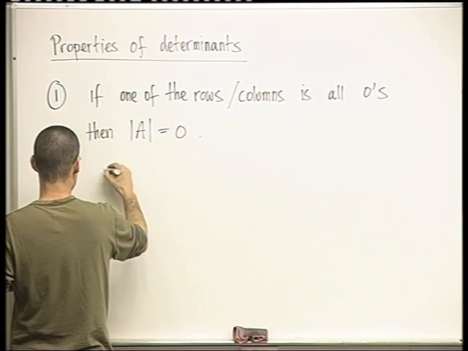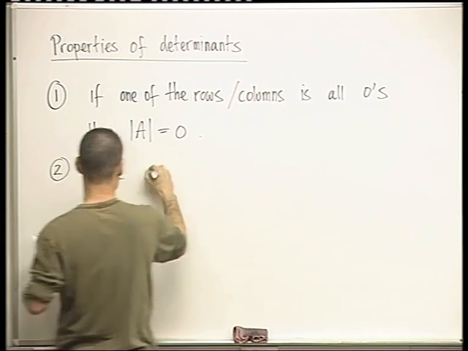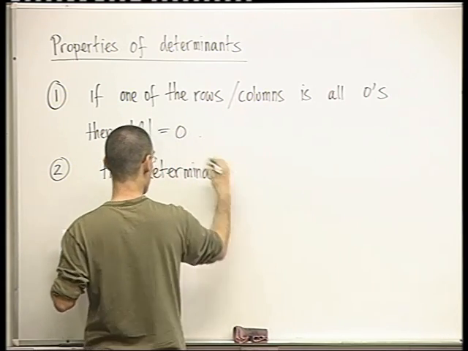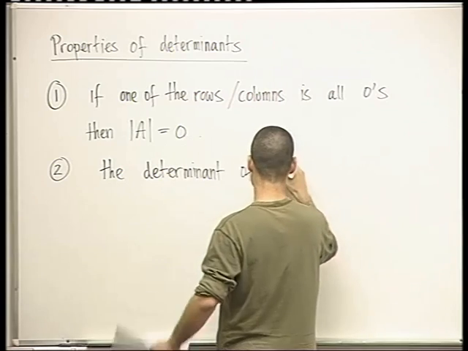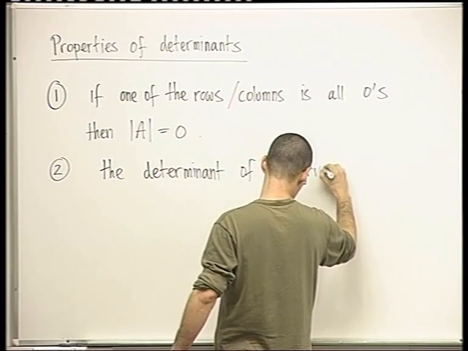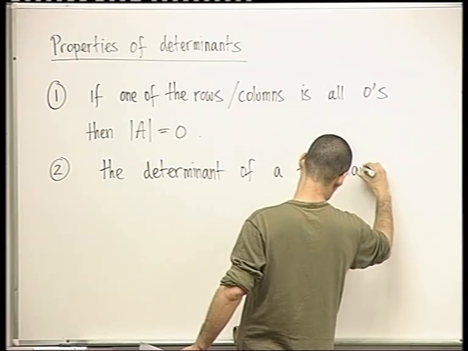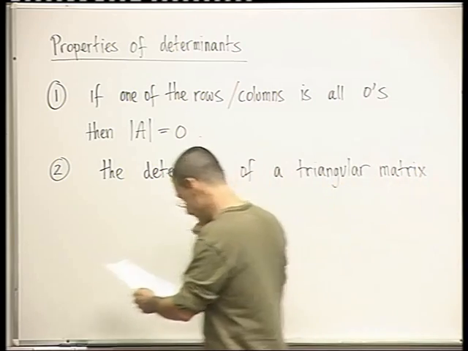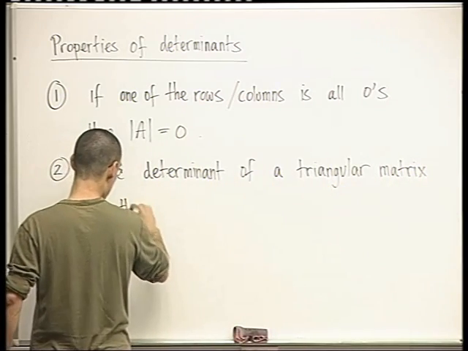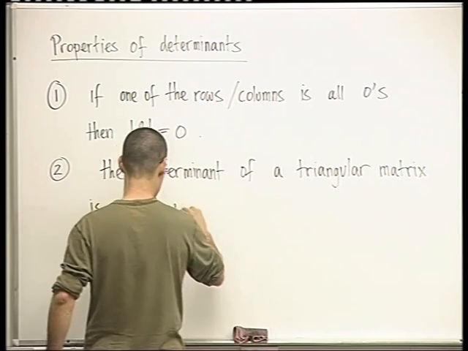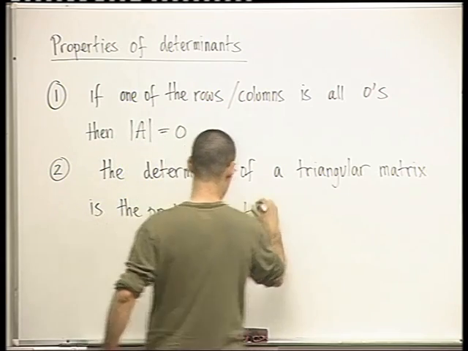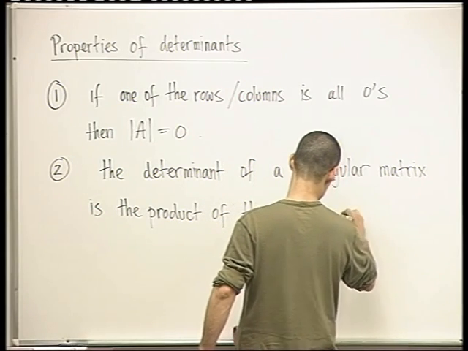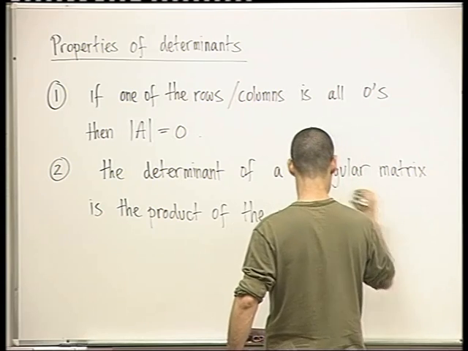The determinant of a triangular matrix is the product of the main diagonal entries.